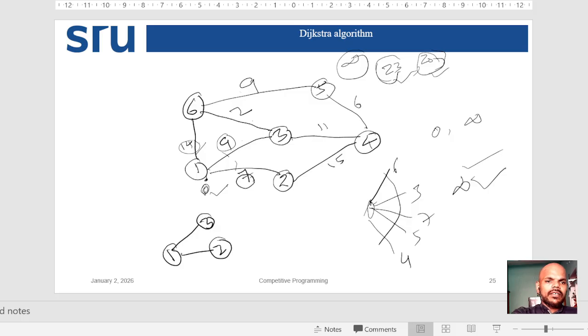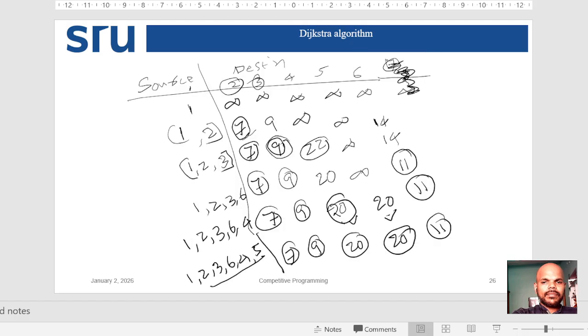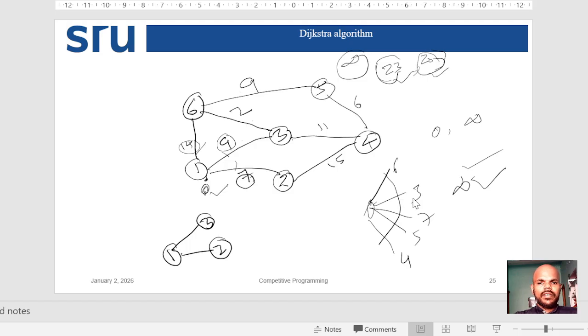And 1 to 2, 3, 6, 4, 5. So 6 is 1 to 6, and 4 is 2 to 3 to 4. Don't add this one, right? I'll show.